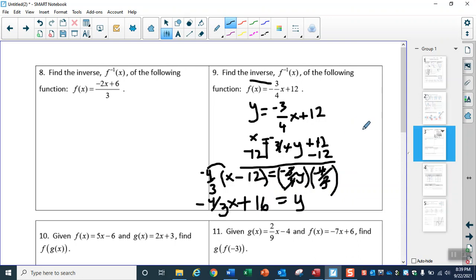All right. And then you can rewrite this as f to the minus 1 of x equals, because that means inverse, that's my inverse for my y, and that would be negative 4/3 x. Notice the reciprocal, right? That's the inverse of that.